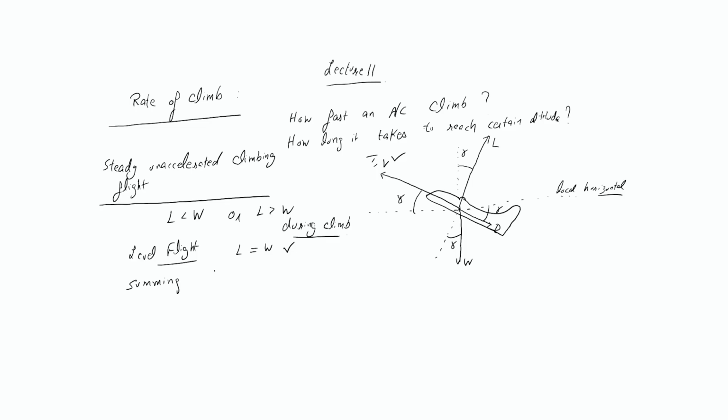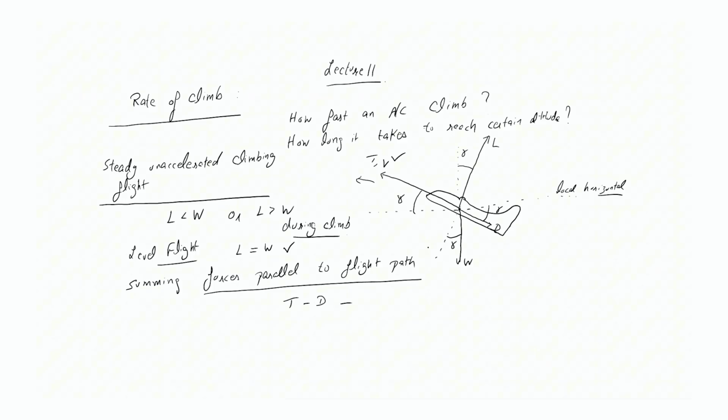Let me write: summing forces parallel to the flight path, that is in the direction of velocity. Here we have thrust in this direction, and in the opposite direction we have drag, so T minus D. What about weight?